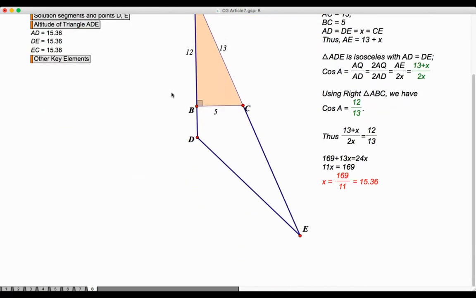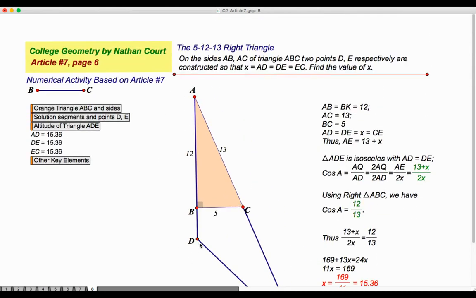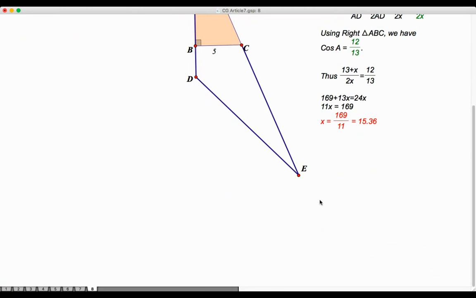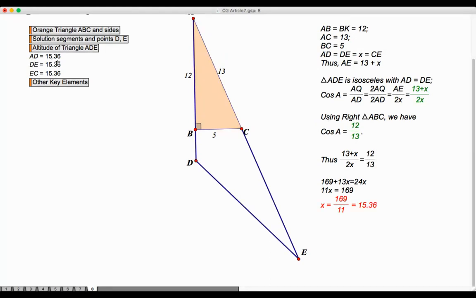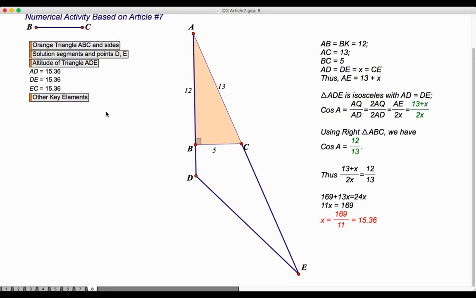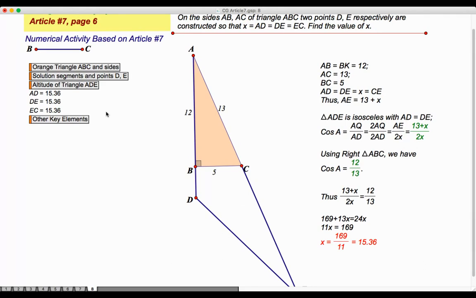D is outside, DE is also equal to AD, E is again outside, and EC are all equal to each other, and that's equal to 15.36. Okay, how do we solve this? I think it's so easy now. We will not have any difficulty here.